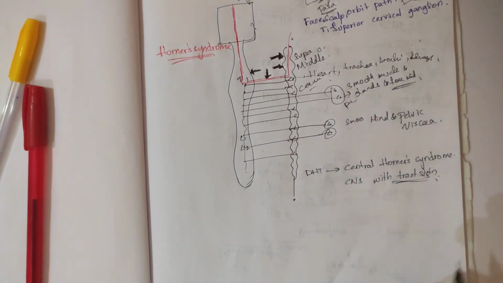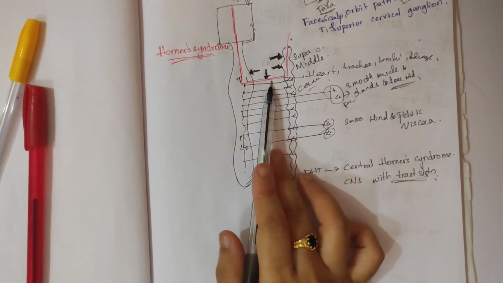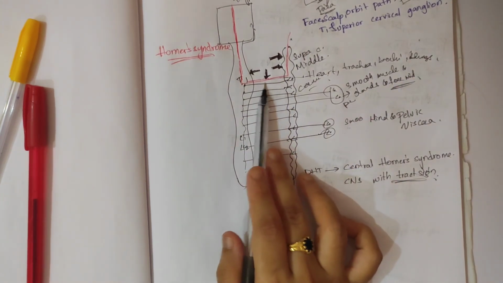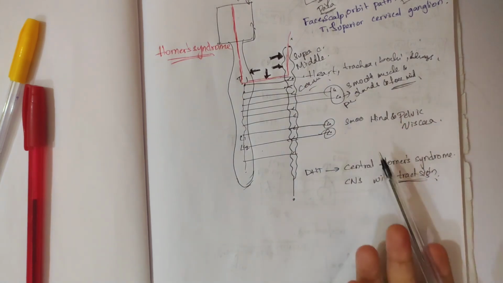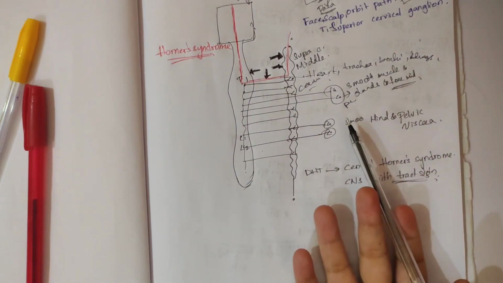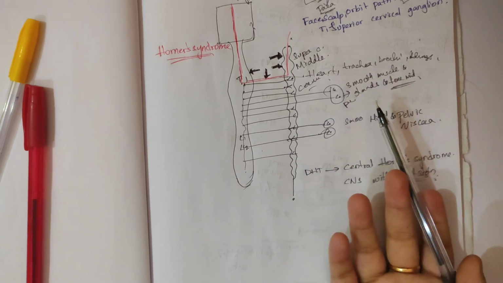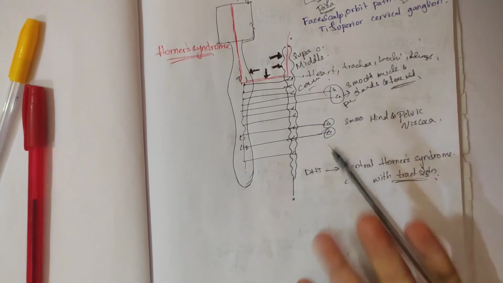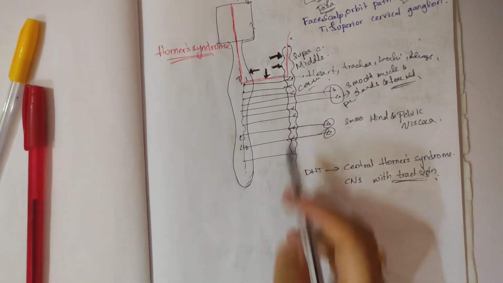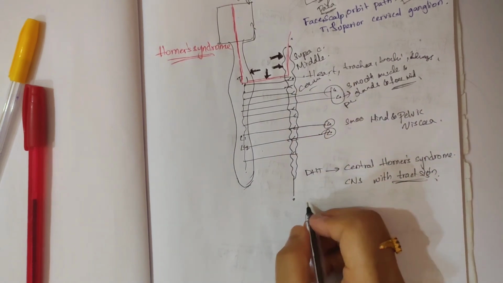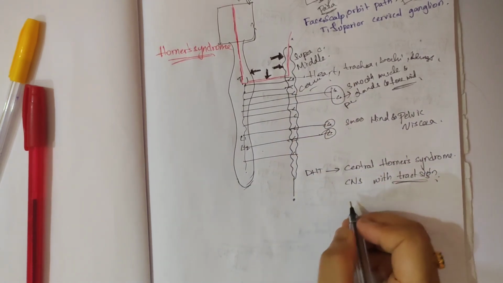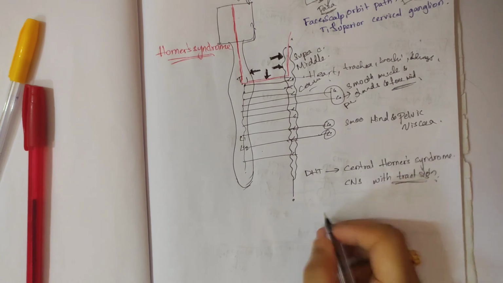So if you see a patient who has a Pancoast tumor or apical lung neoplasm or extracervical ribs and all, that comes under peripheral Horner syndrome.